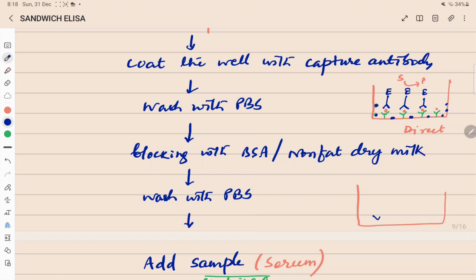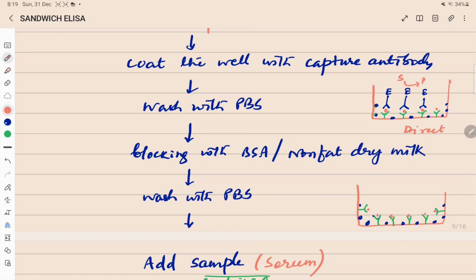The capture antibody, then wash, then we can add the surface blocking agent. The surface we block so that no antigen or antibody can bind here. Then we will add the sample containing the antigen, so it will bind here.